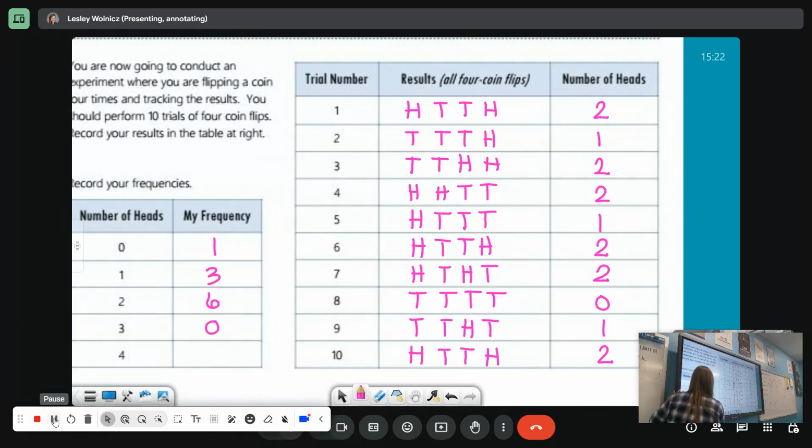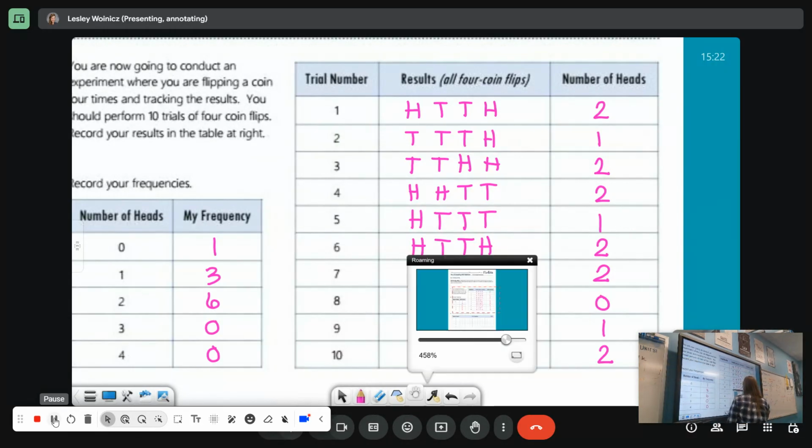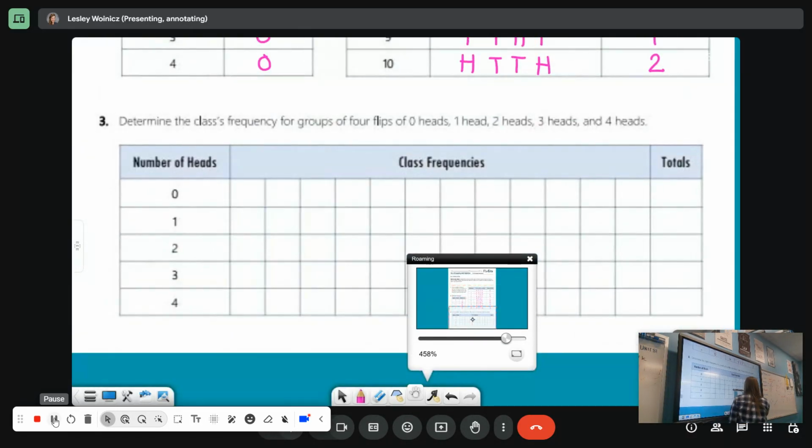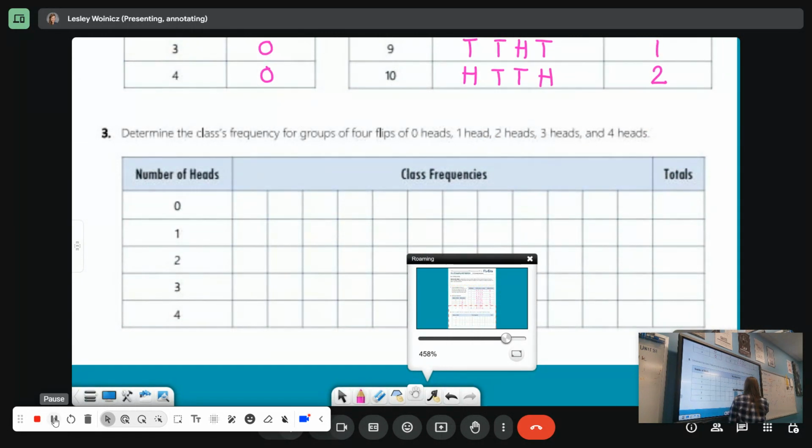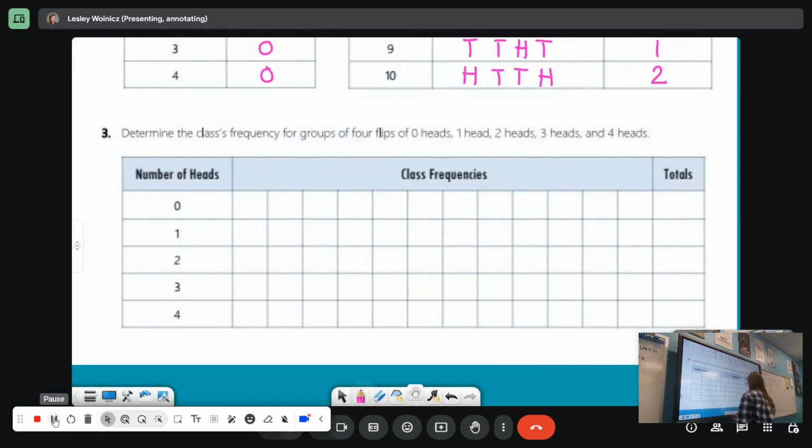And 4 heads? 0. That's a good way to make sure that you did it right. So everybody got the number of heads column and the frequency? All right. So mine was 1, 3, 6, 0, 0.